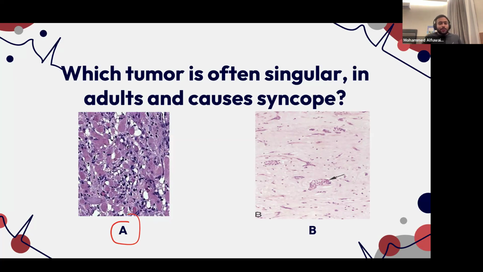Rhabdomyoma happens in what genetic disease? You mentioned the gene. What's the name? Tuberous sclerosis. Excellent. And there's two genes, TSC1 and TSC2. Good. Now, what you can see on histology is spider cells, and this is basically the cardiomyocytes filled with glycogen.